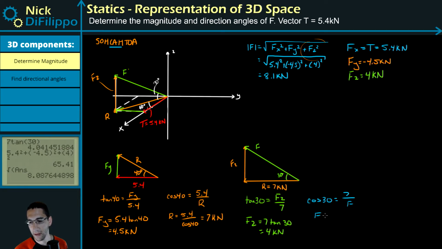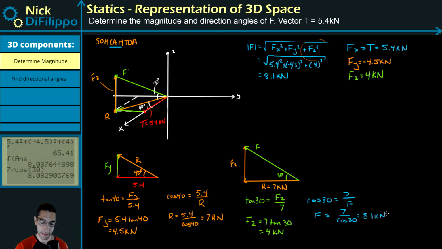So f is going to be equal to 7 over the cosine of 30. 7 divided by the cosine of 30 will give me, there's a couple of rounding things I did, but it gives me the same answer, 8.1. If you had seen that, it would have saved you a few steps, but I wanted to stay with my original idea to figure out the magnitude.